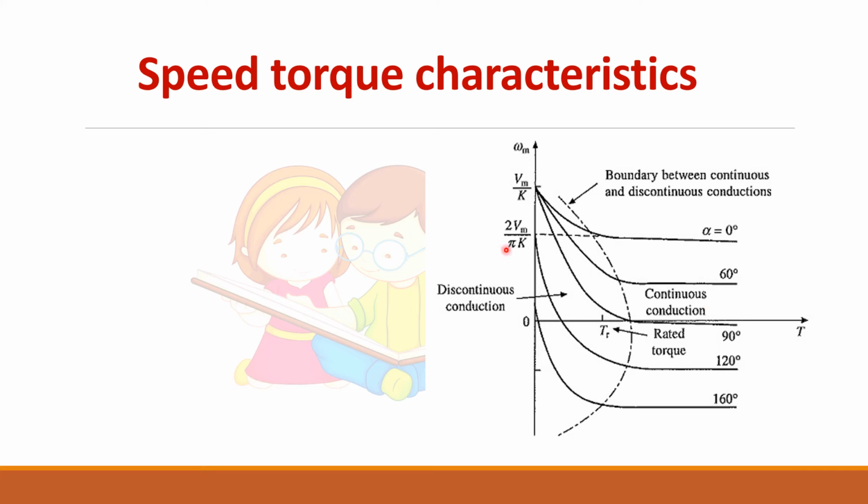For different values of alpha, your waveform will be like this. When alpha equals 90 degree, it changes from rectifier mode to inverter mode, so this will come in the fourth quadrant. For alpha less than 90 degree, it will be in the first quadrant.